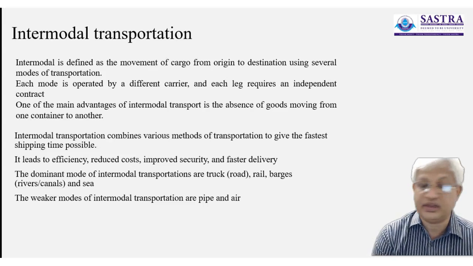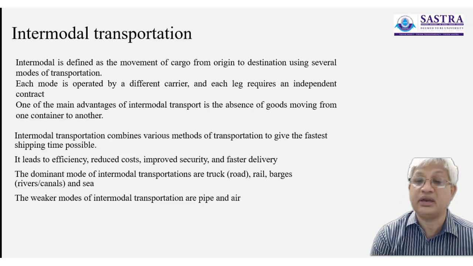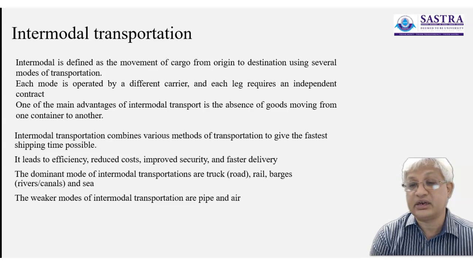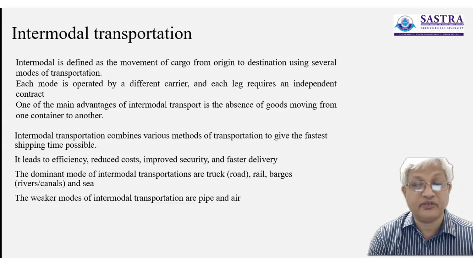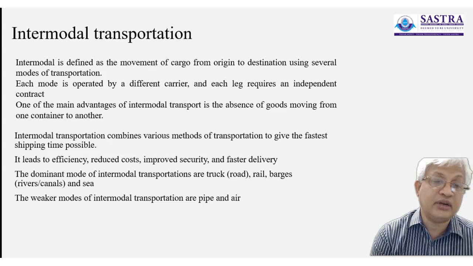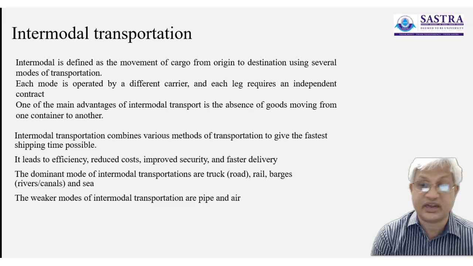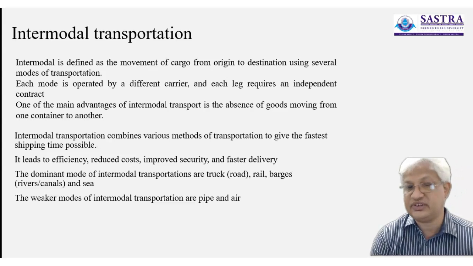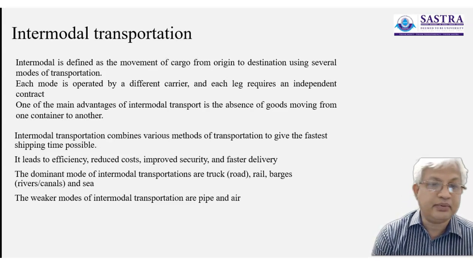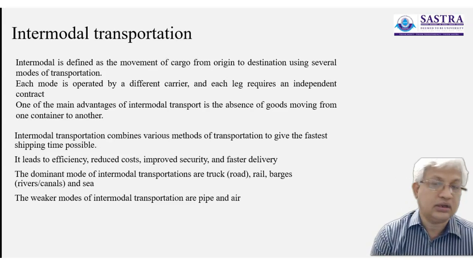The goods need not be removed from the container into some other kind of packaging. The dominant modes of intermodal are truck, rail, barges, that is rivers and canals wherever available, and sea. So, pipe doesn't come here. That's all the point.